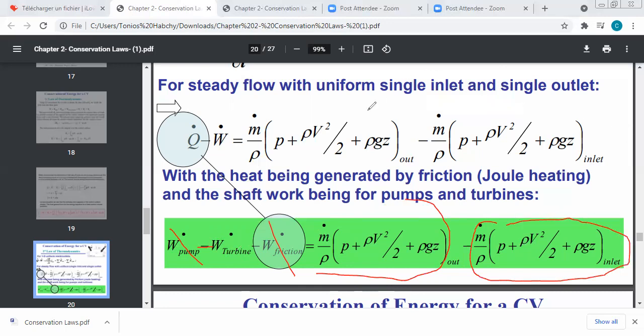Imagine that this is your turbine. You have a flux that is coming in and another that will go out. Since your turbine will deliver work, your system is losing this energy, and it will take it from the crossing flow, because we don't have any transient term here. You don't have any energy accumulation or loss in your control volume.